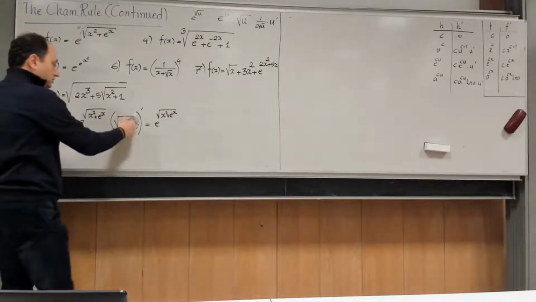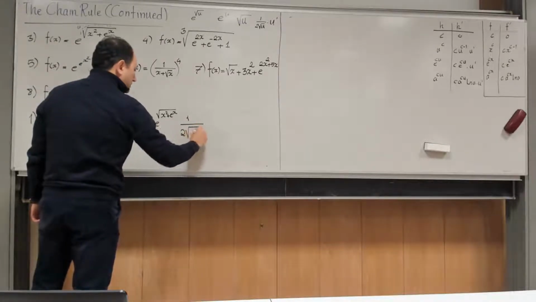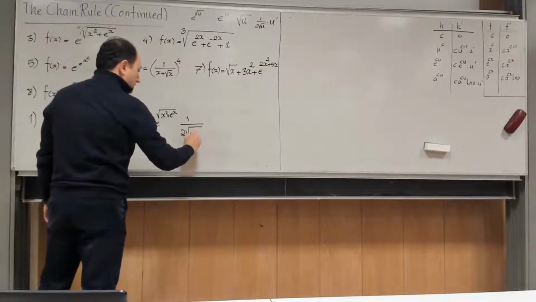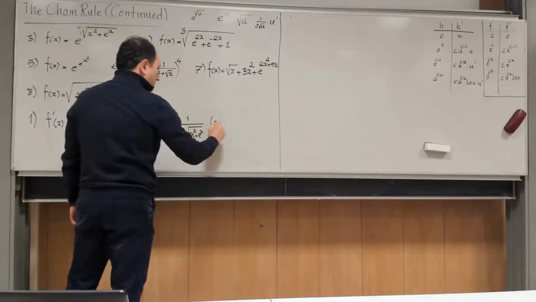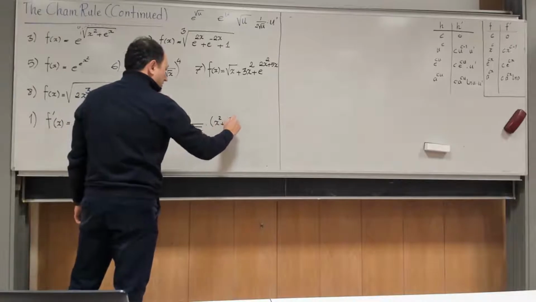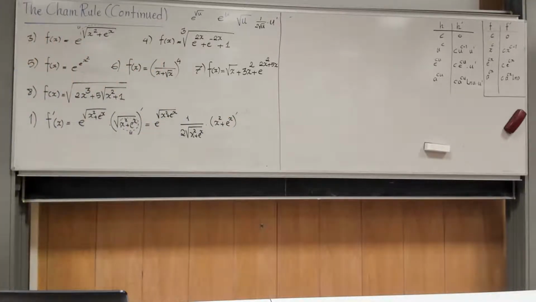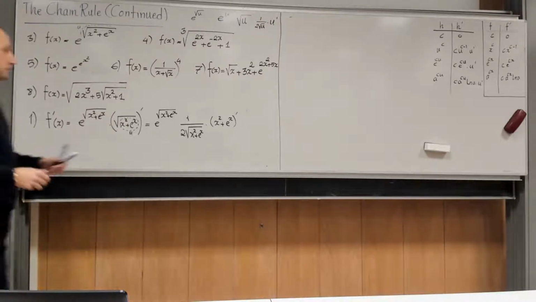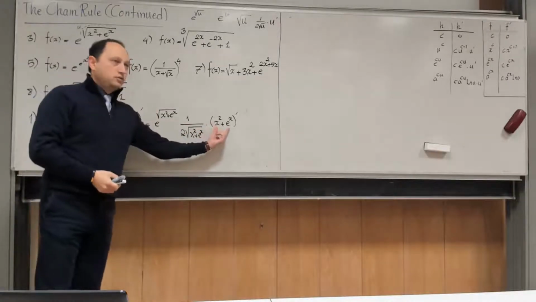So then I multiply it by 1 over 2 square root of u, which is this one again, x squared plus e to the x. But then I need to remember to multiply by the derivative of this u. And then you see that it's not finished yet because there is a prime left. I have to continue. But do I need any chain rule for this one?